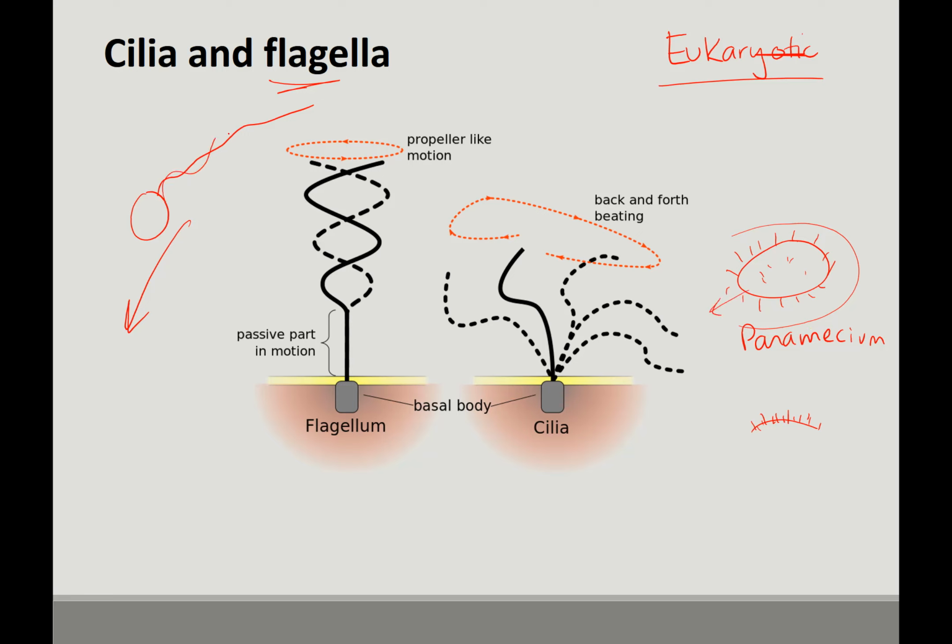So flagella move by an undulating, I like to think of it as a dolphin movement. The cilia beat like oars, and as they push the liquid past them, they're pushing the cell, or in your trachea, they're pushing mucus or other things out.